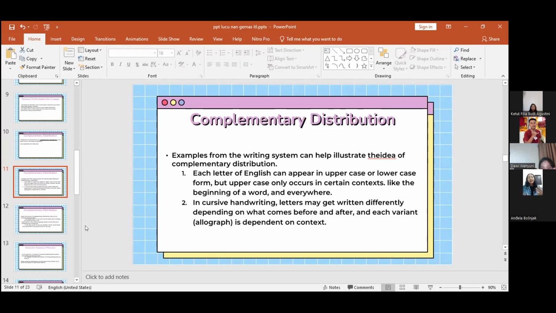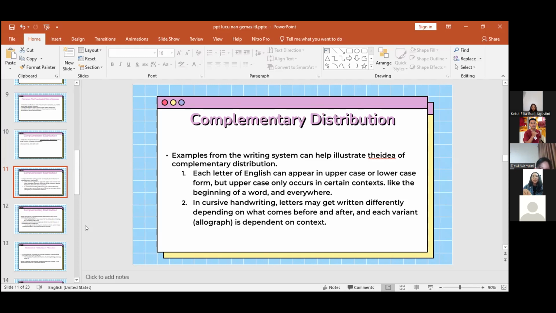Let me give you an example of cursive handwriting. It's the same with glue. In Indonesian, we call cursive handwriting tulisan tegak bersambung.